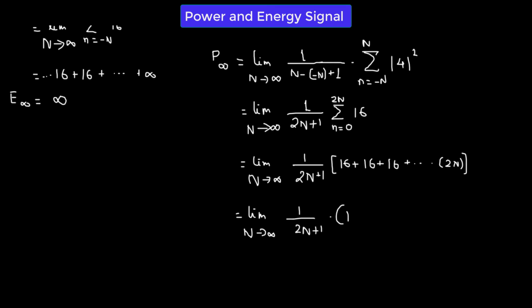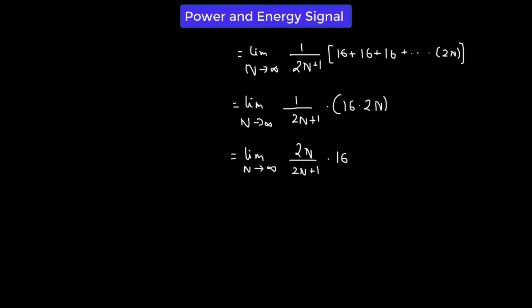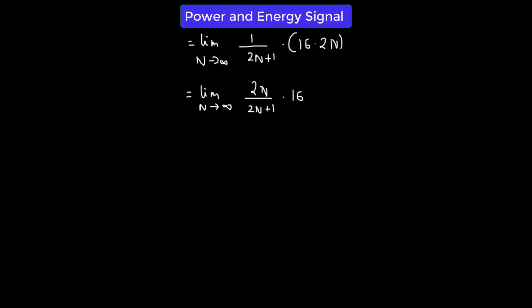So this gives us simply the limit as n goes to infinity of 1 over 2n plus 1 times 16 times 2n, which equals the limit of 2n over 2n plus 1 times 16. Now we're going to divide the numerator and the denominator of the fraction by 2n.